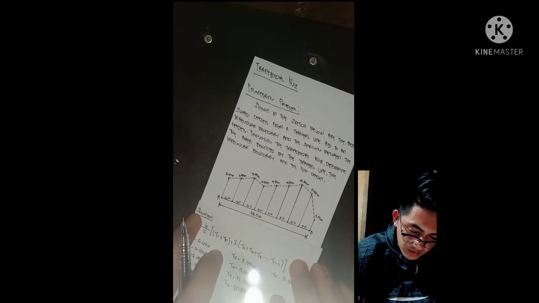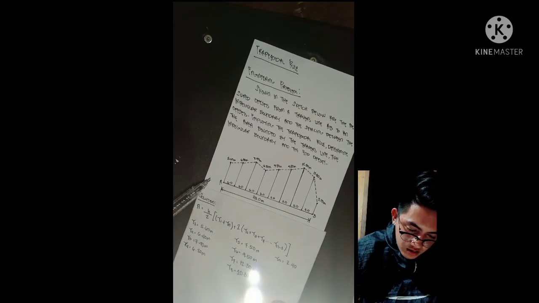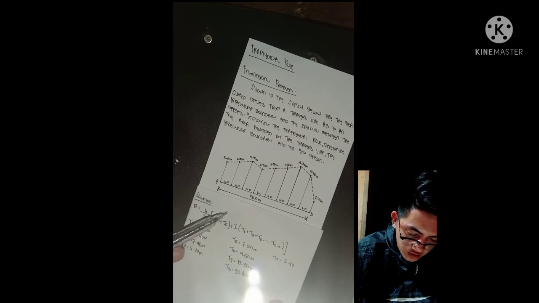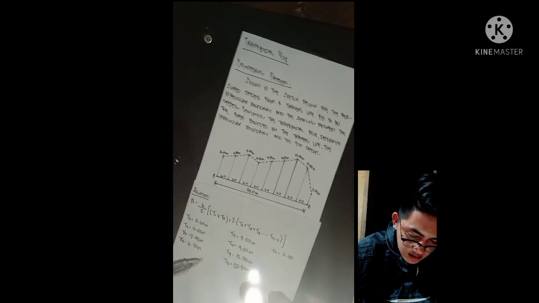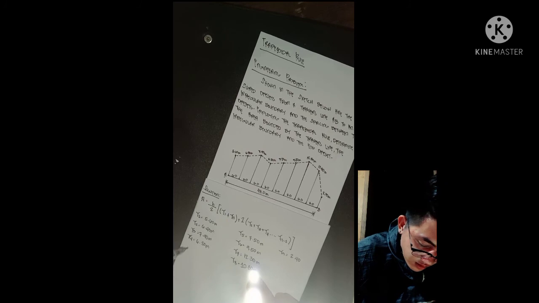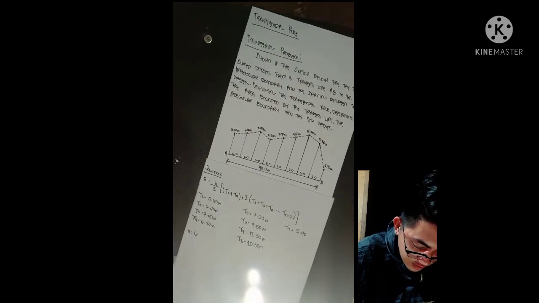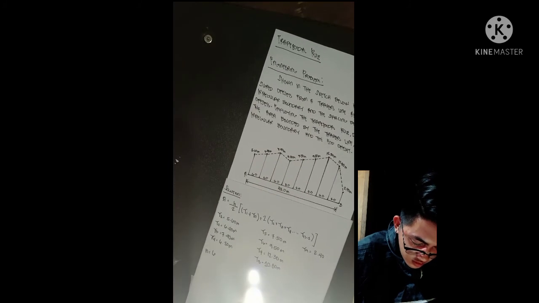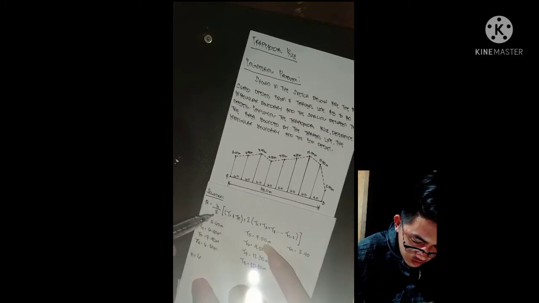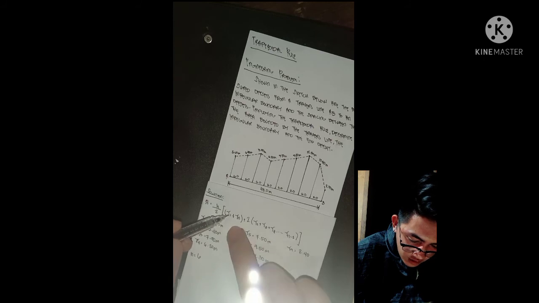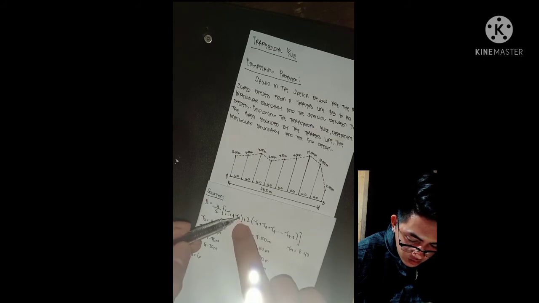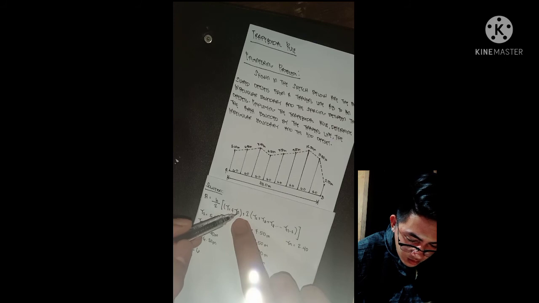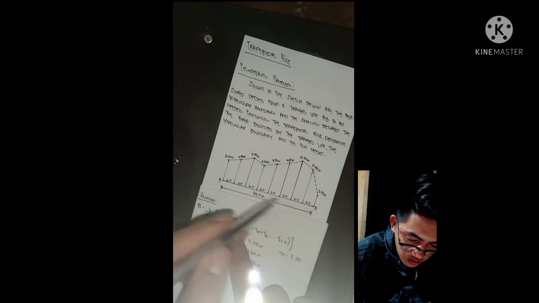So our interval in every boundary is 6. So the value of our interval is equal to 6. In this formula we need to find the value of our y1 plus yn, where our n is equal to 9.